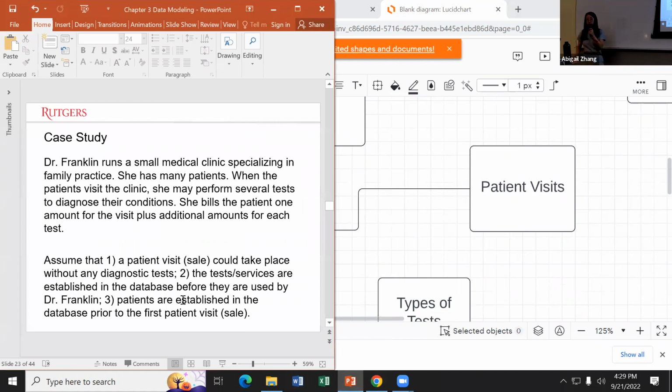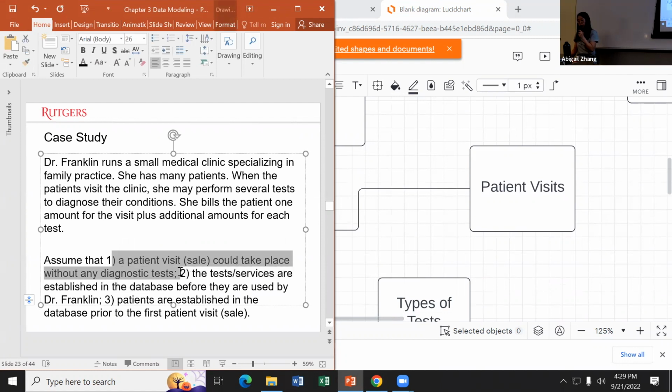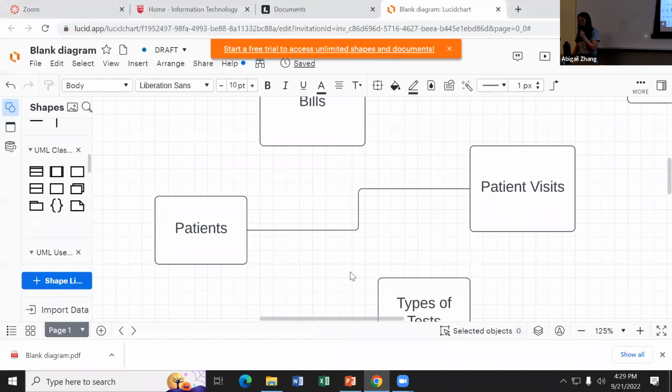They say a patient visit can take place without any diagnostic test, that we know. And number 3, patients are established in the database prior to the first patient visit. So with this information, each patient is associated with what kind of multiplicity of patient visits? 0, 1.